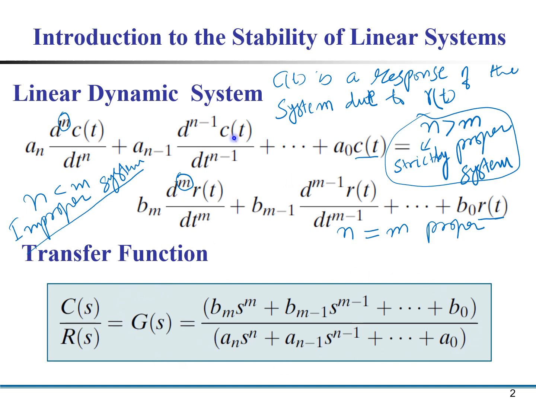So the differential equation represents the time domain properties of the system, while the transfer function represents the frequency domain properties of the system. Here in this equation, s is the Laplace variable, and the degree of the system is determined by the highest integer n over here. This equation we may write as N of s over D of s.